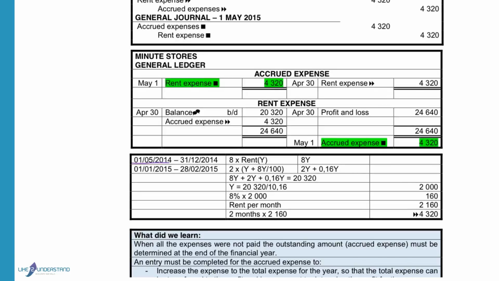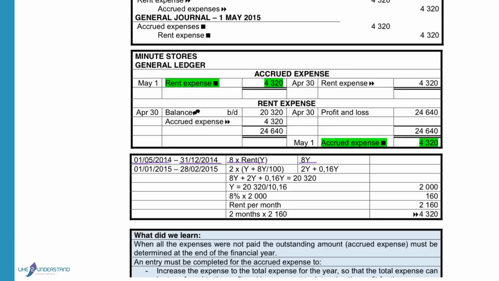The rent increase was on the 1st of January. So from the 1st of May up to the 31st of December, that is 8 months, we paid the same amount for rent. Say, for instance, rent is Y, so for 8 months we paid 8Y. Then on the 1st of January, the rent increased.